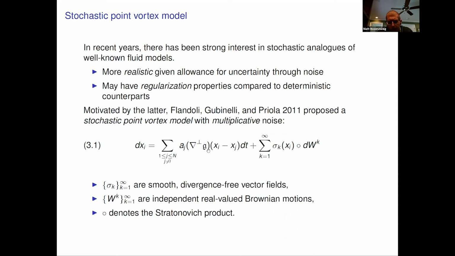This is as before in the deterministic model, but we've added in this noise term over here where we have these smooth divergence-free vector fields, sigma k, and these independent real-valued Brownian motions, W k, and the Stratonovich product, which is denoted by this circle right here. So this is like a random transport of the point vortices by these external vector fields, sigma k.